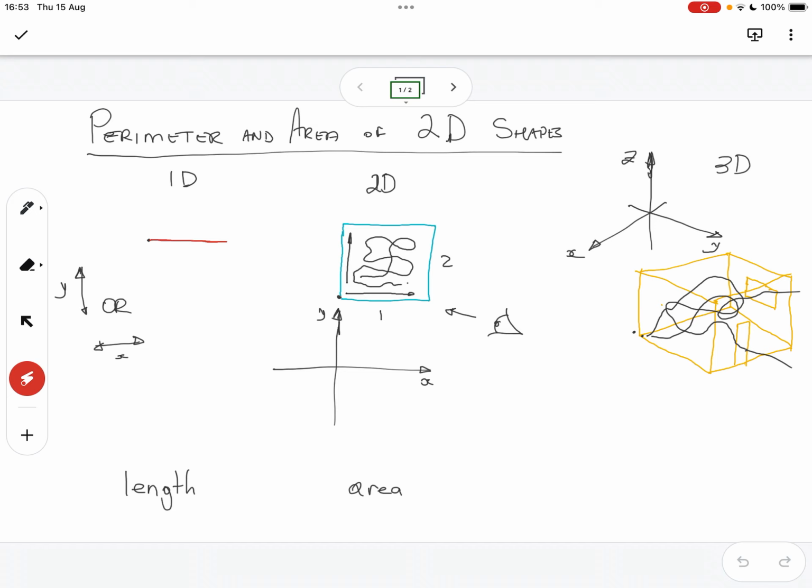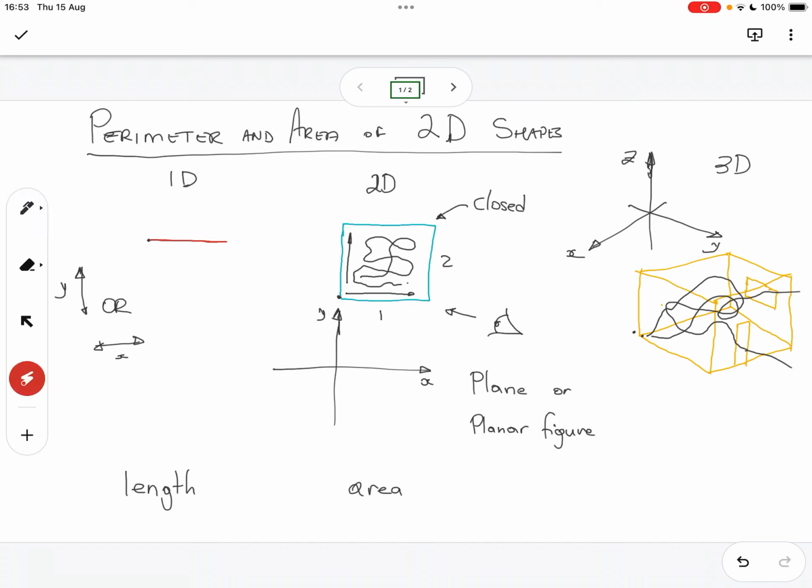A 2-dimensional shape is called a simple closed shape if it divides the plane into exactly 2 regions, a region inside the shape and a region outside the shape.